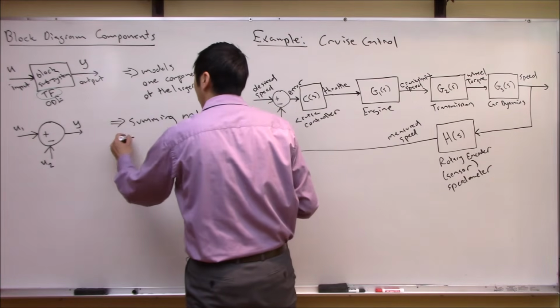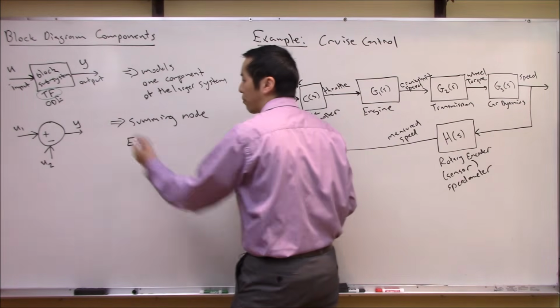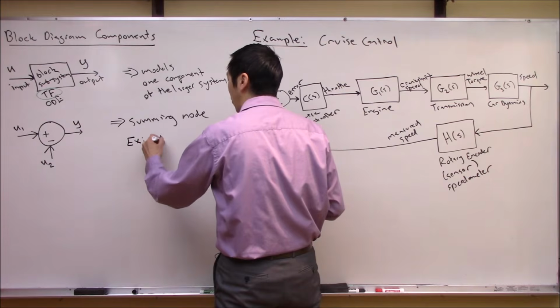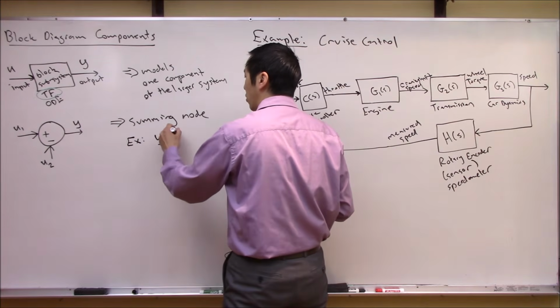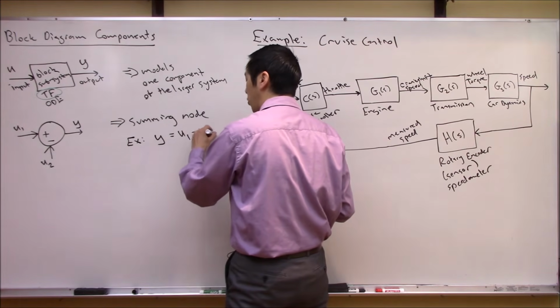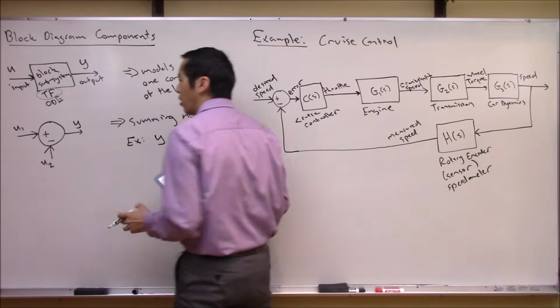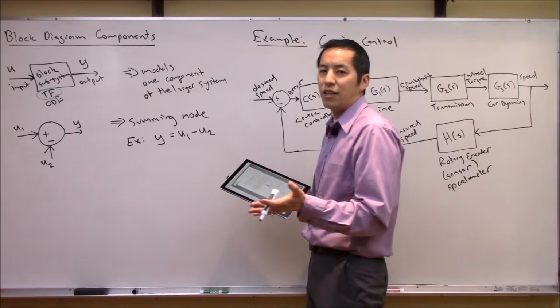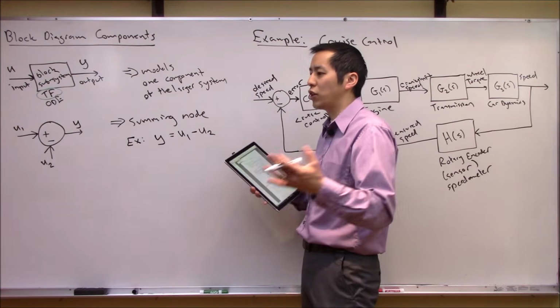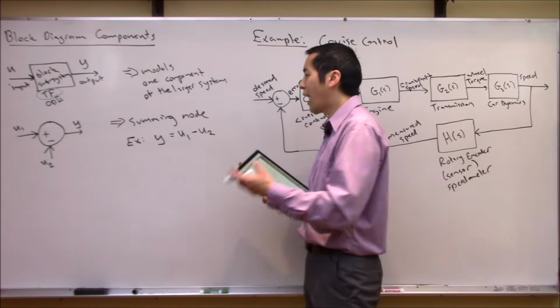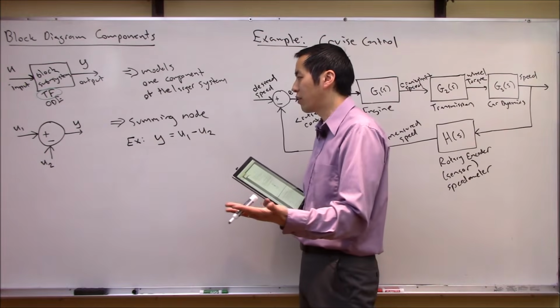In this example, all this node represents is that the output is U1 minus U2. Depending on the signs, maybe this is a plus, maybe you have more than one input, but all it does is take multiple signals in, add or subtract them appropriately, and send one signal out.